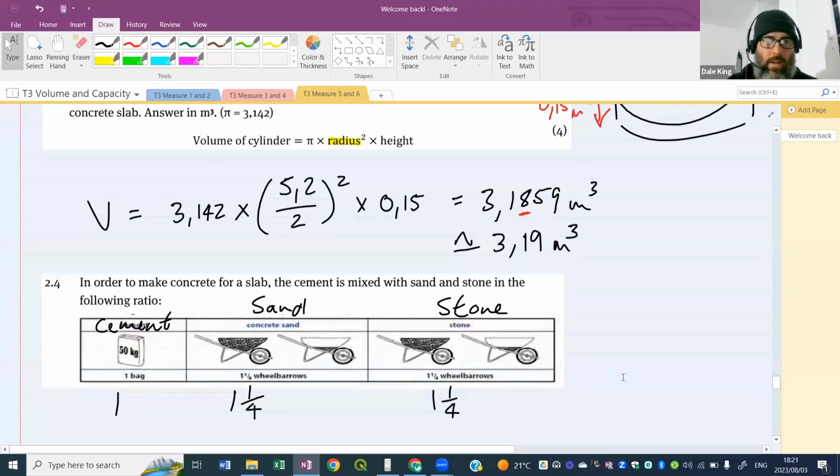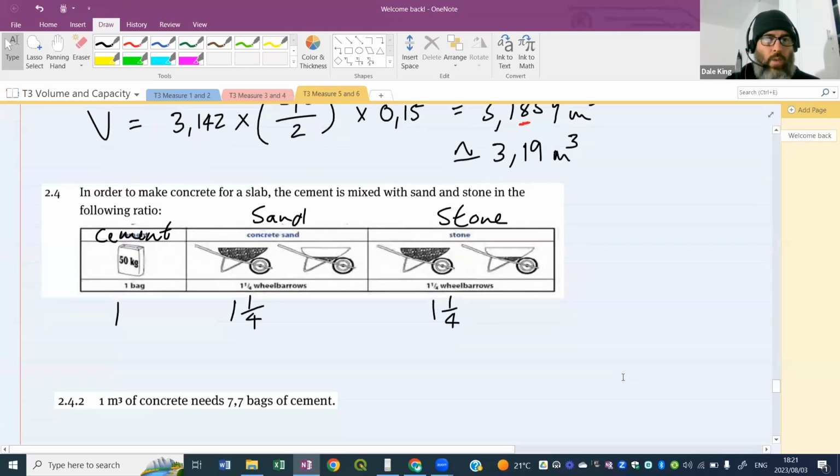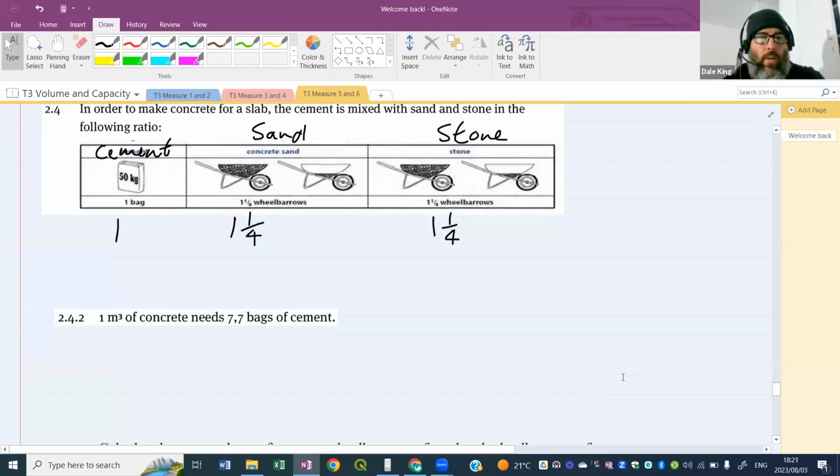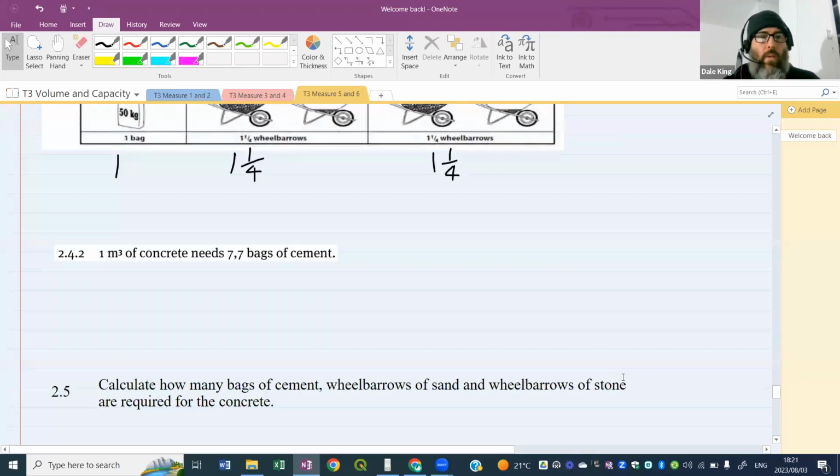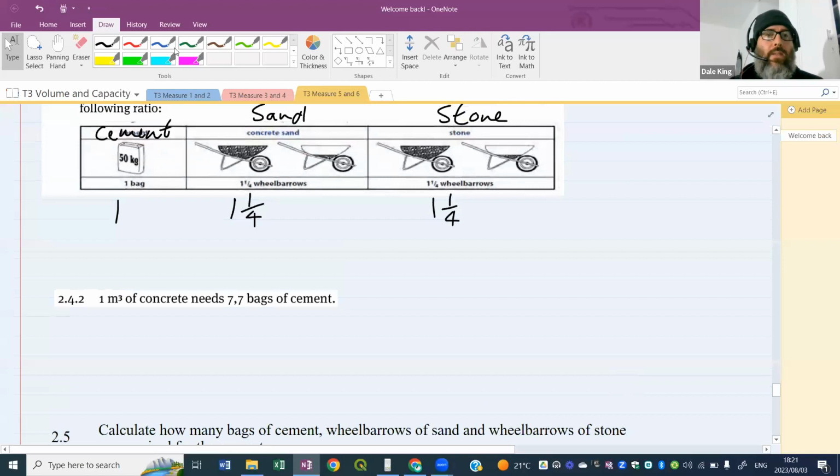Oh, guys, get ready. Next question. 1 cubic meter of concrete needs 7.7 bags of cement. Here comes the question.